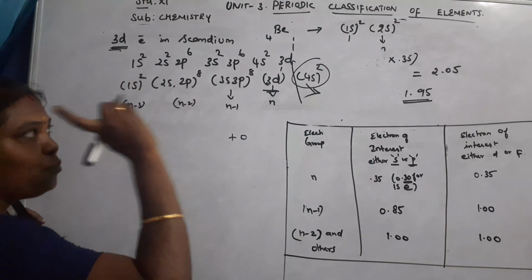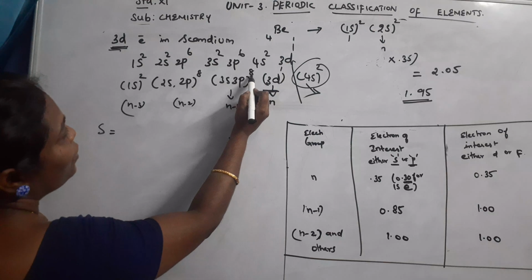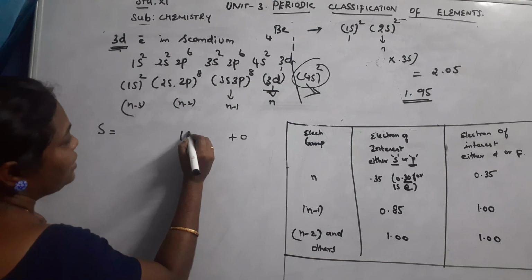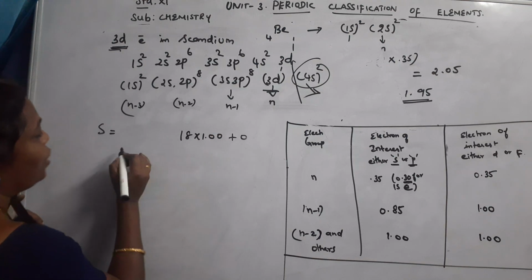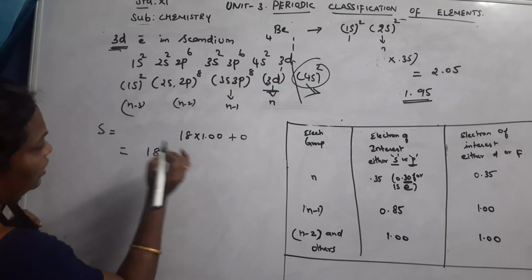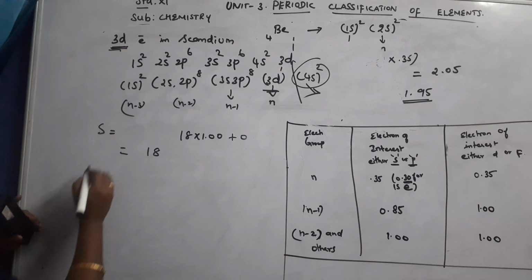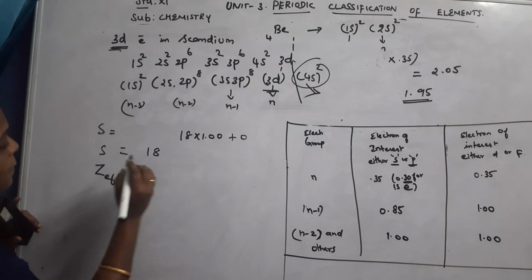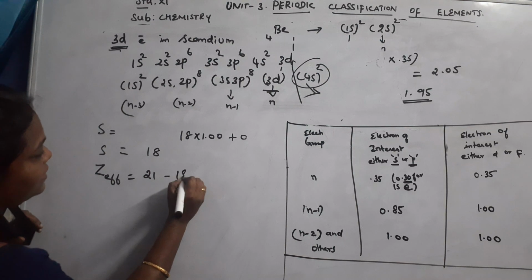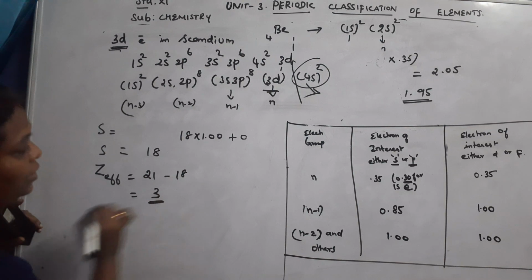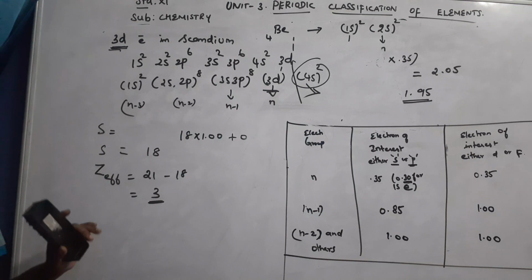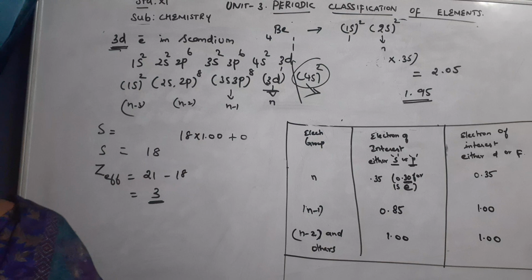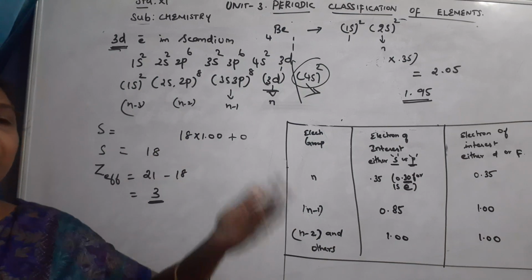So the total number of electrons is 8 plus 8, 16, plus 2, 18. So 18 into 1.00 is equal to 18. Have you all understood? Now the screening effect is 18, and the effective nuclear charge is 21 minus 18, which equals 3. Have you all understood clearly?